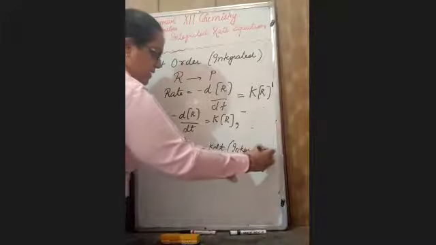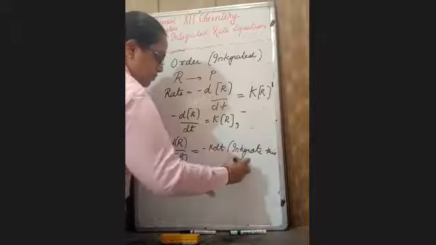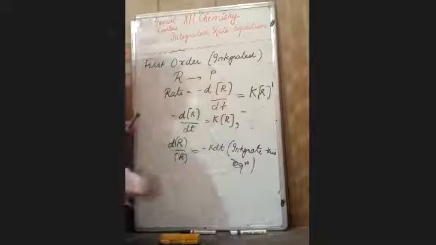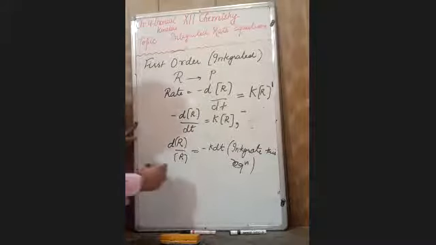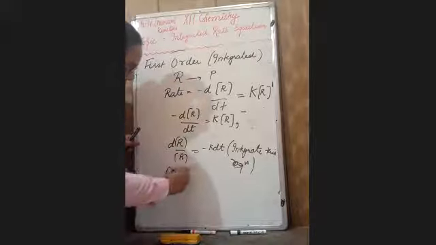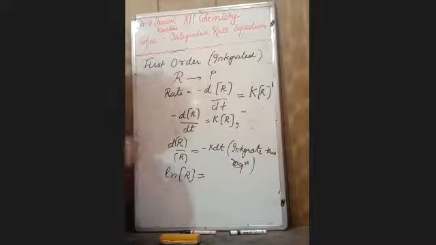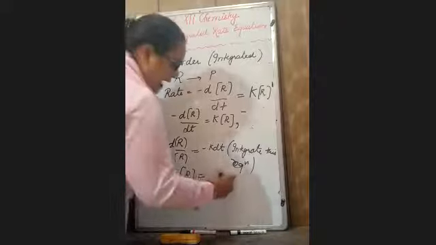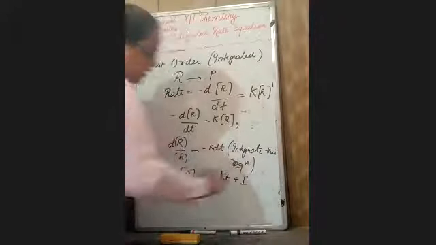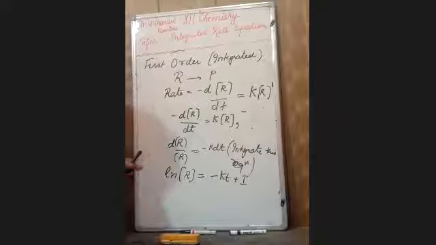What will you get? Integration of dx by x is ln x. So it will be ln R is equal to minus kt plus I, and I is your constant of integration.